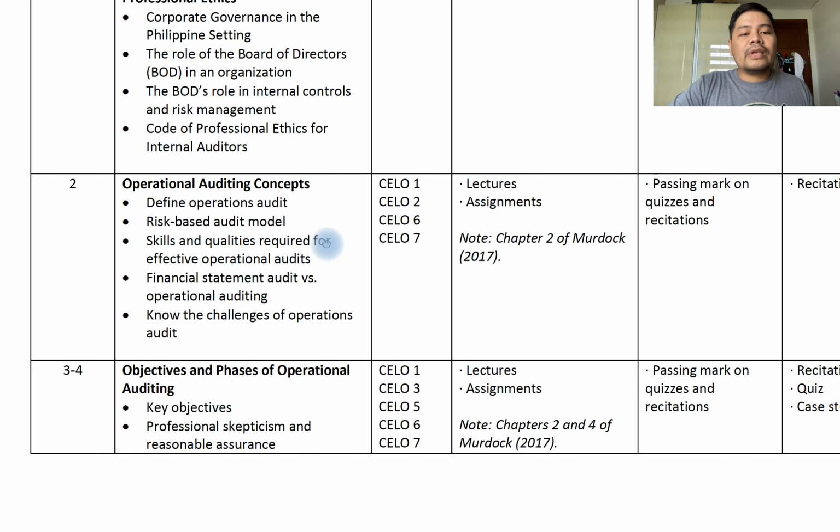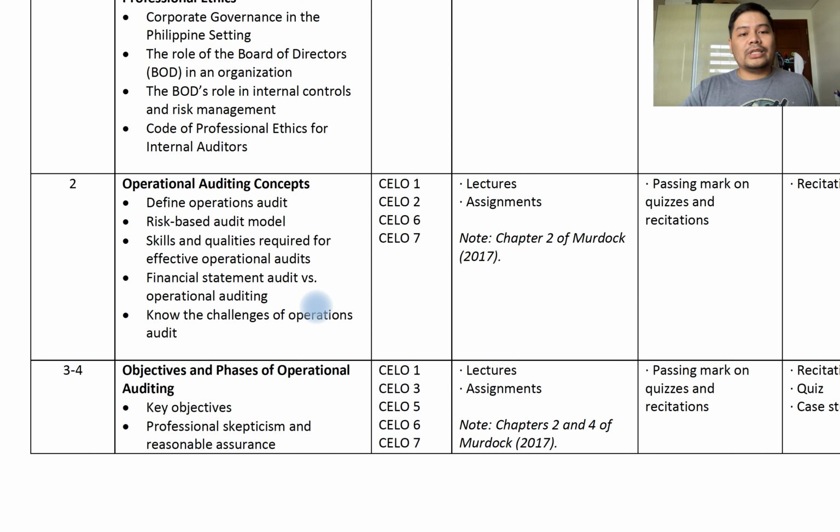We also have here that we need to differentiate the financial statement audit versus operational auditing. Common si operational auditing pagdating kay internal auditing. With financial statement audit, pwede rin gawin to ni internal audit pero they regard the FS audit doon particularly sa control. So tinitingnan nila yung mga controls in connection with the financial reporting.